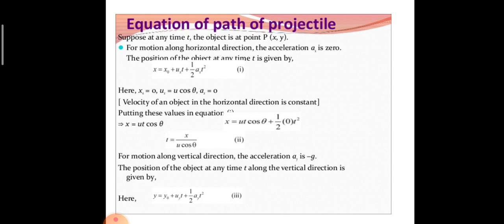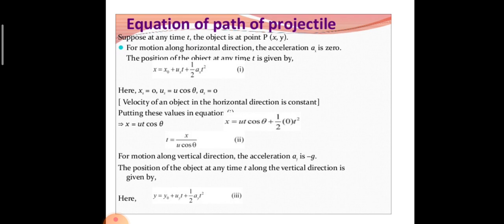So suppose at any time t, the object is at the point P. For motion along the horizontal direction, we have discussed that the acceleration ax is 0. The position of the object at any time t is given by x minus x0 is equivalent to uxt plus half axt square. We are taking the reference point here to be 0.